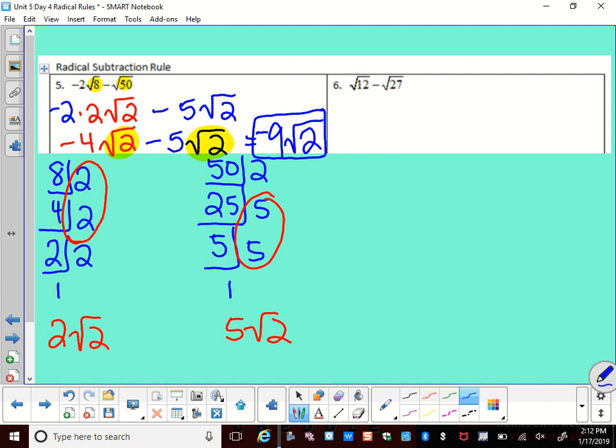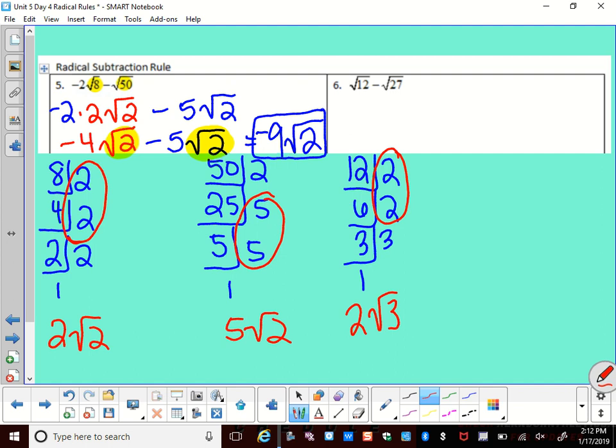All right. Remember, we cannot just subtract these. We have to simplify them first. I'm going to simplify the square root of 12. I need a group of 2. So this simplifies to 2 root 3. This other one is not a perfect square, so we get 3, 9, 3, 3, 3, and 1.